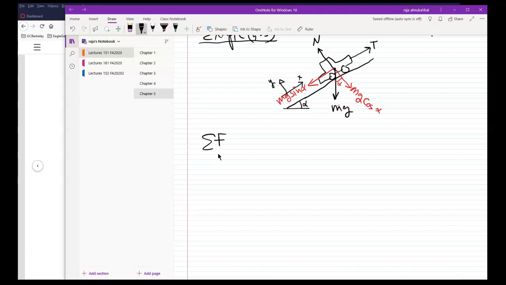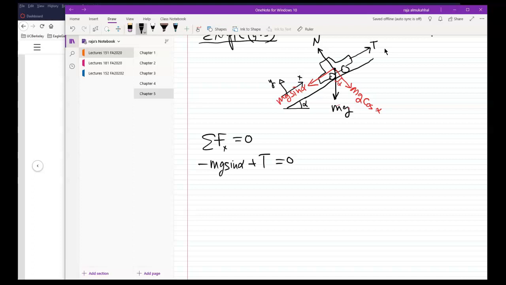All right, so we have sigma Fx equal 0. Why 0, guys? Well, it's not moving. He said the car is at rest, so it's 0. All right, what do we have in the x component? Well, I got the mg sine alpha in the negative, and I got the tension in the positive there. So I have minus mg sine alpha plus the tension equals 0.